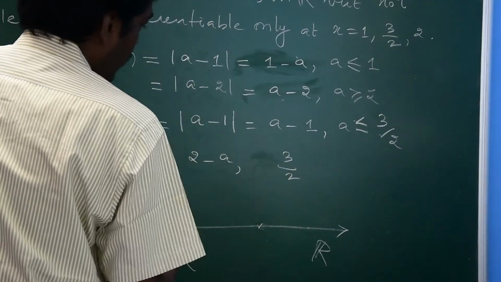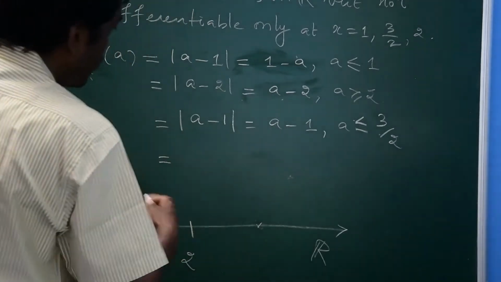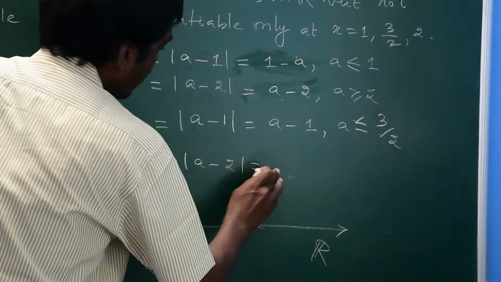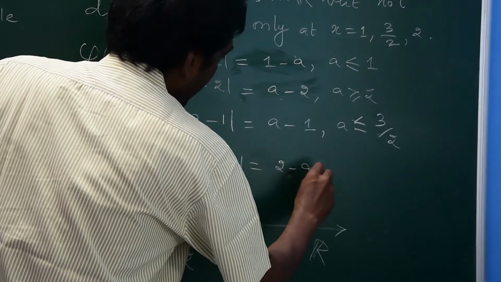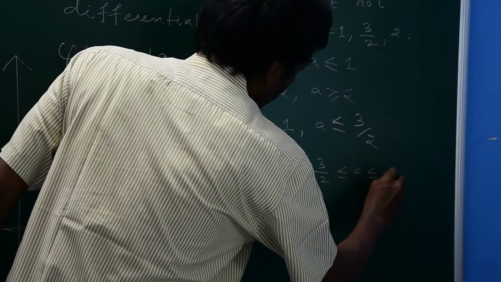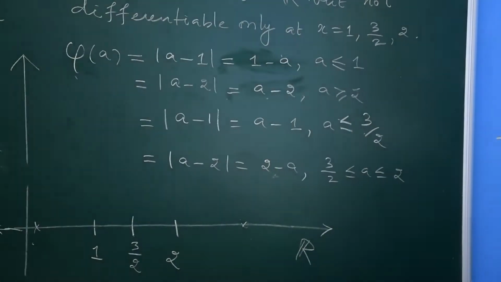Let us write it like this: this is a minus 2, right? This is 2 minus a, for 3 by 2 less than or equal to a less than or equal to 2, when a lies here.